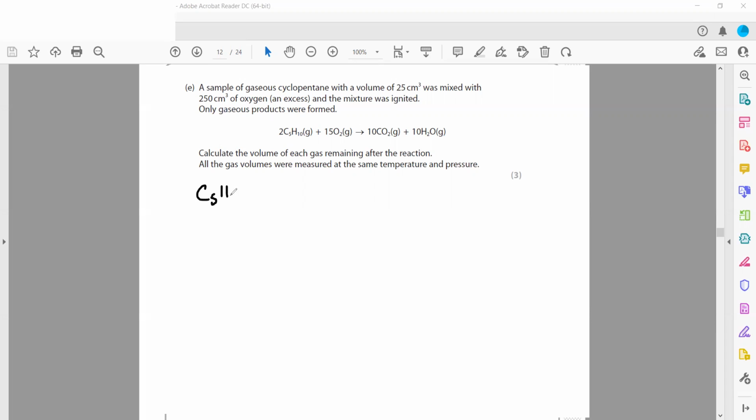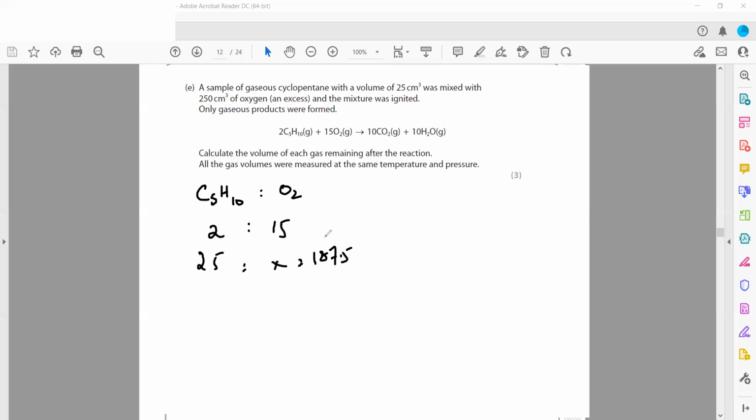So the ratio of C5H10 to oxygen is 2:15. So if we have 25 cm cube, how much will be there? X. So it will be 25 into 15 divided by 2. So how much does it react? Oxygen reacted is 187.5.